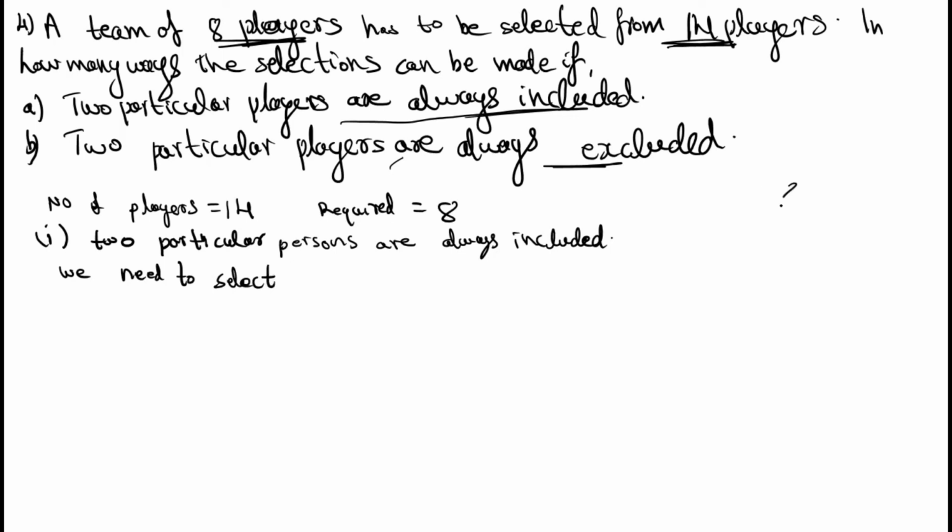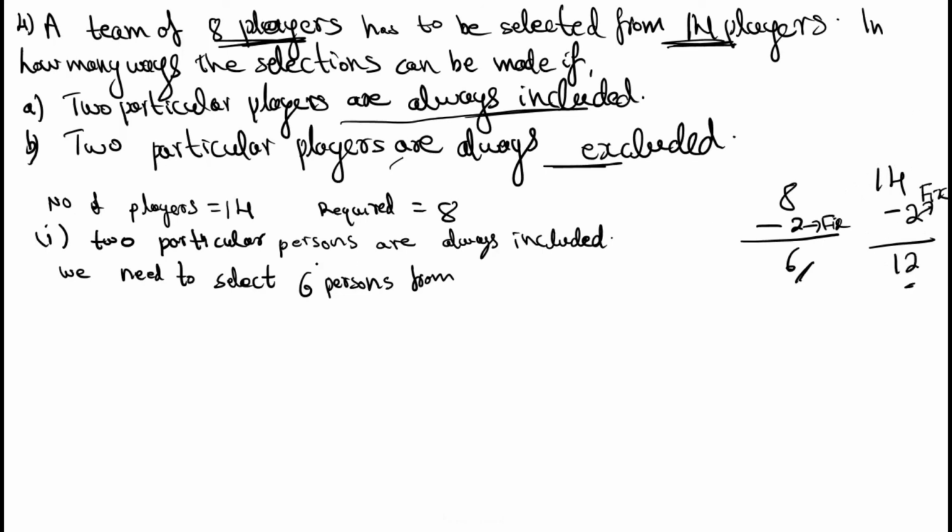Since actually 8 persons are required, 2 persons already included, you need to select only 6 persons, right? We need to select 6 persons from how many members? See, 14 members are there. Out of 14, 2 members are fixed here. So you need to select from 12 members. So we need to select 6 persons from 12 players. It's equal to 12C6. Selection of 6 members from the 12 members.